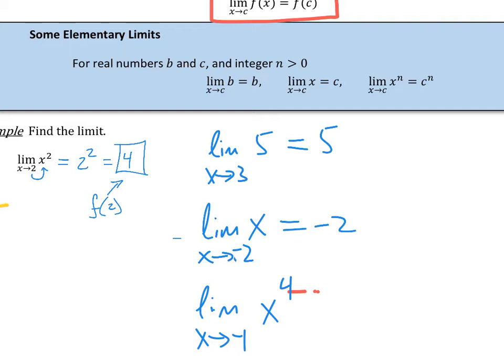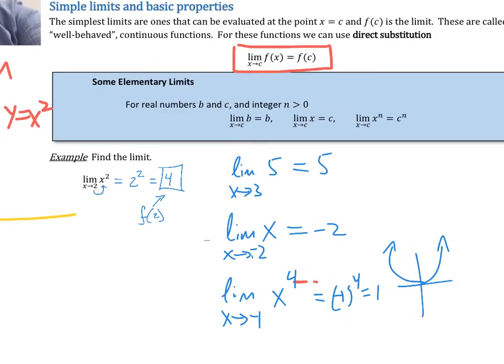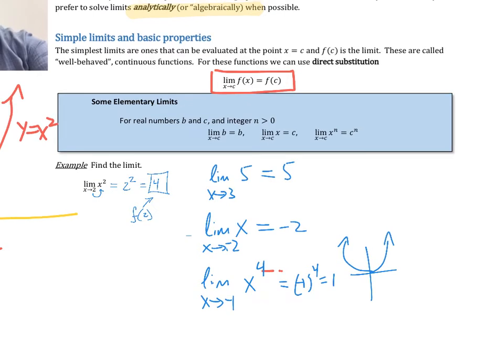Well, we know the graph of x to the 4th or x to the 5th or x, they don't have holes in them. x to the 4th is kind of a flat looking thing like that, and so there's no holes. So we can always evaluate this. I'm going to plug in -1, and we get -1 to the 4th, which is just 1. So that's simple direct substitution.